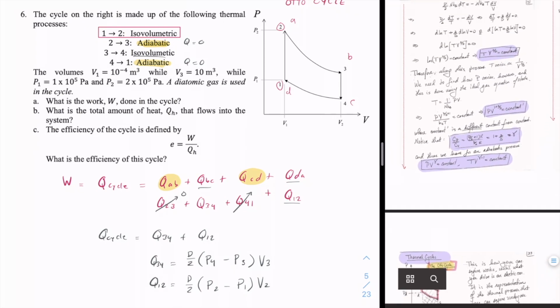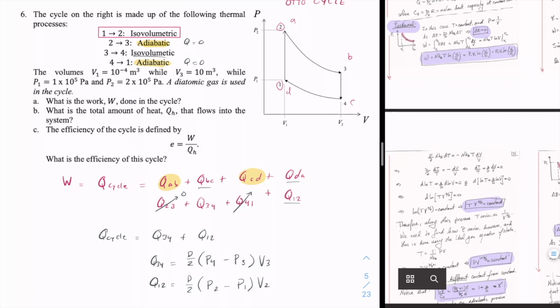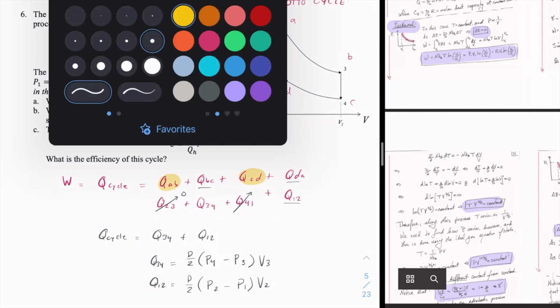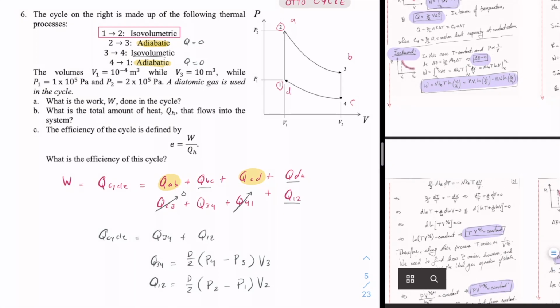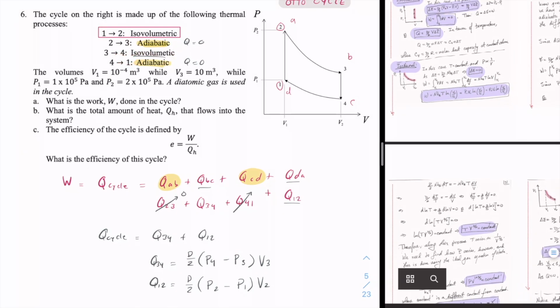If we're told a process is isovolumetric, we just skip straight to the fact that it's the Otto cycle, but maybe you looked at the problem and didn't realize that right away. If you just looked up these general equations for an adiabatic and an isovolumetric process and then used those, you should be able to come to the same conclusions.